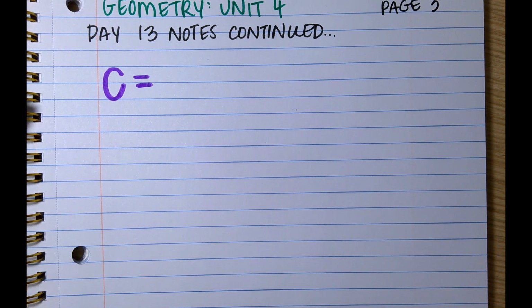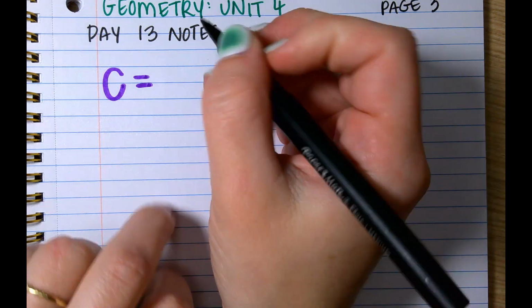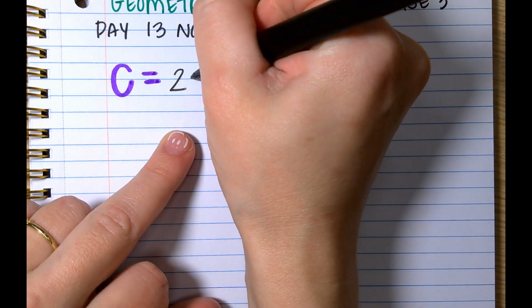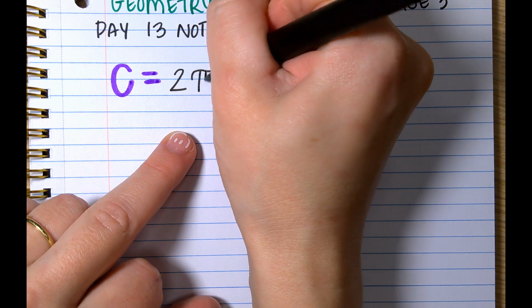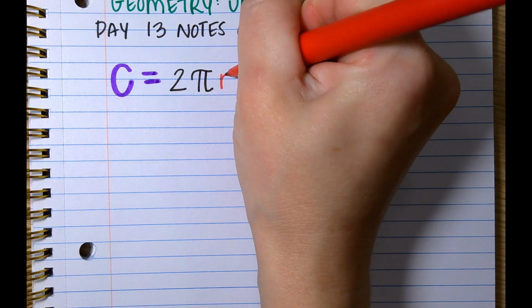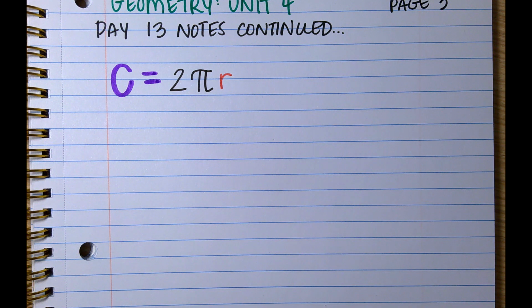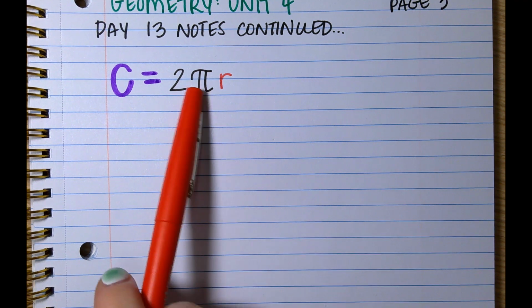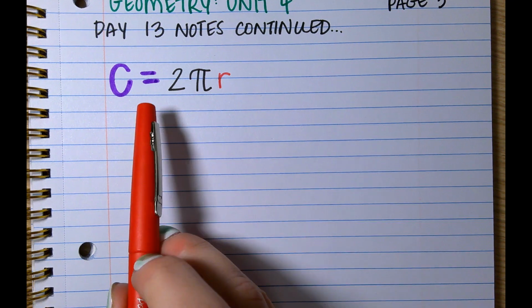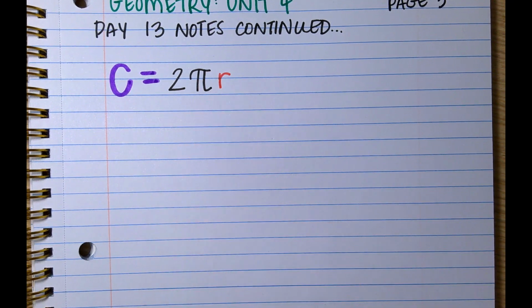and the 2 different formulas for circumference are either 2 times pi times the radius, so 2 pi r, and on your calculator you can type it in just like this. You don't have to type the times button, just 2 pi, whatever your number is for r.